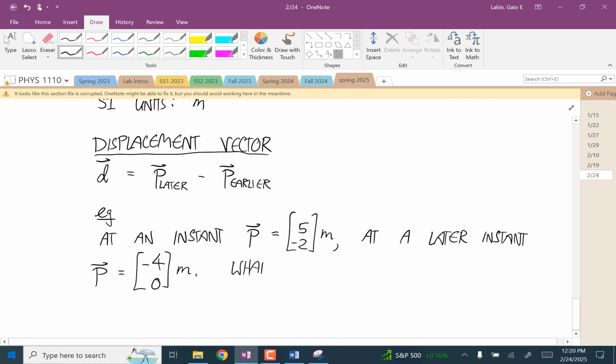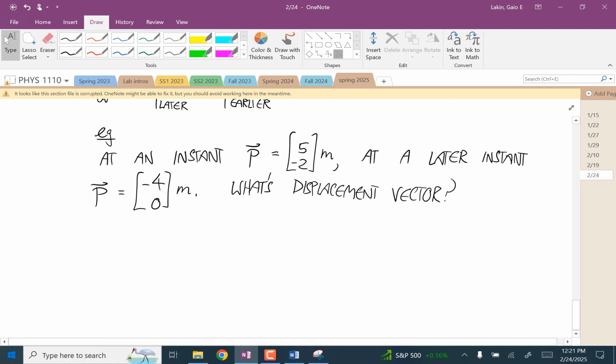What's the displacement vector? To do that, you would just take the displacement vector equal to -4, 0 minus 5, -2.